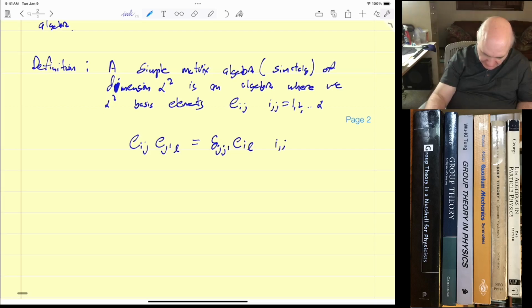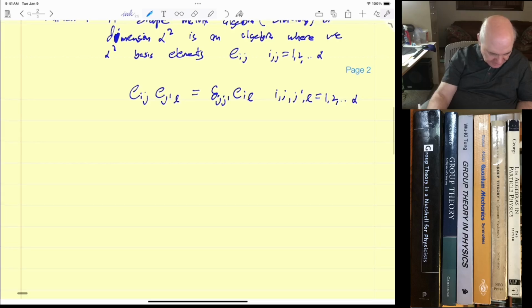I, j, this is for all indices, j prime, L equal 1, 2 all the way up to alpha. Okay, so each element using this, remember, a general element of the algebra will be a sum of coefficients times the basis elements.